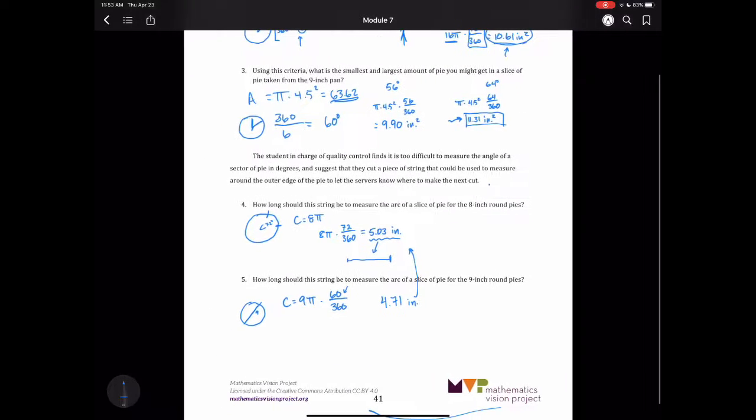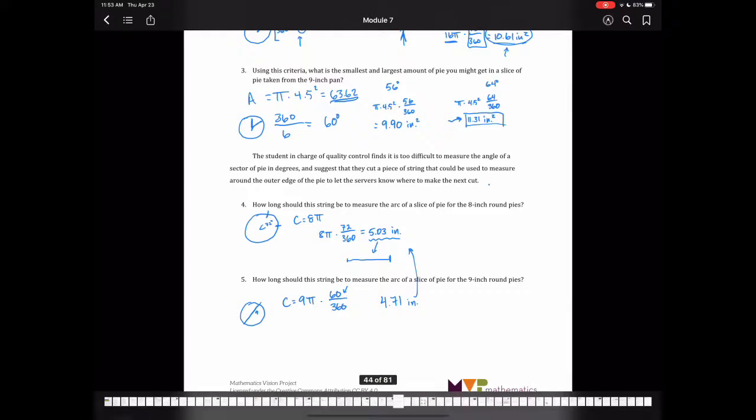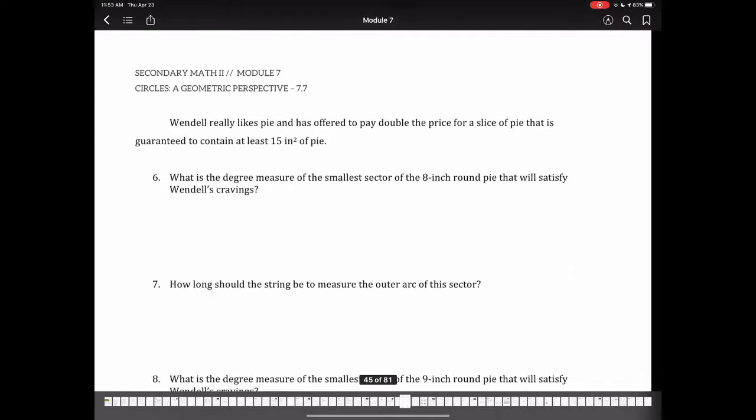So that is a larger piece. Even though the circumference, the portion of the crust, is smaller, it's actually going to contain more pie. But that might even be something to consider. Are you a crust person? You might want to go ahead and get the slice of pie that has 5.03 inches of crust rather than 4.71 inches of crust because you dig the crust. Who knows? So let's go on to the next page.